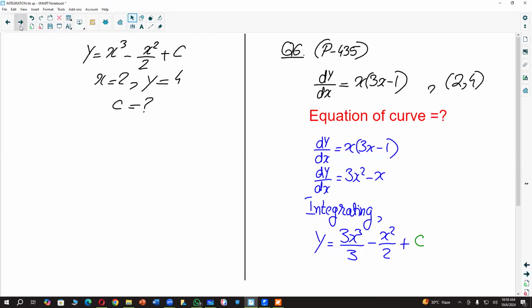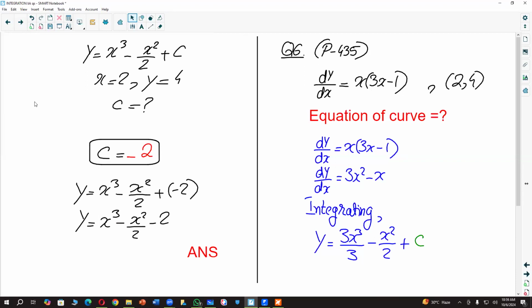So first you put the coordinates of x and y, find c and put it back. Yeah, c I got -2.